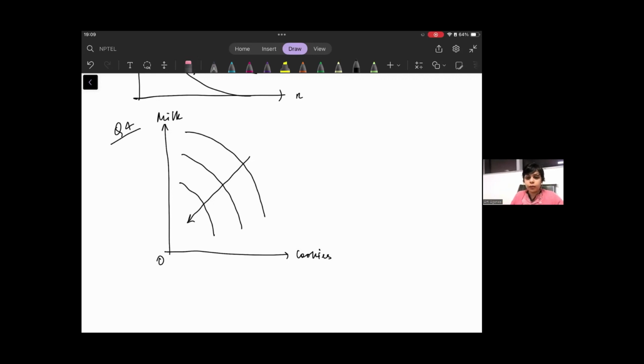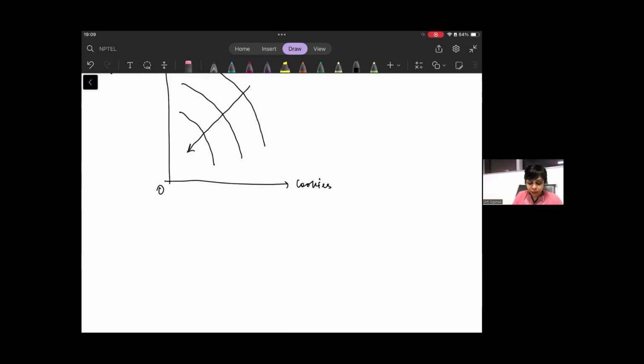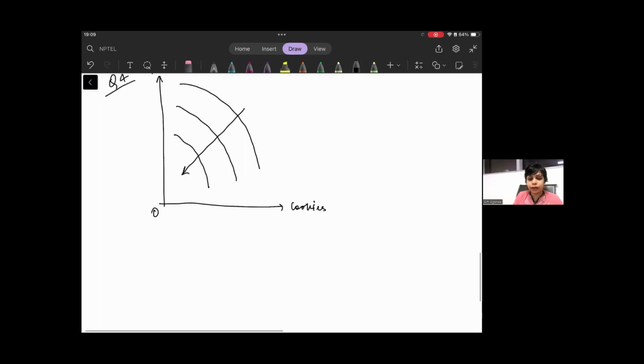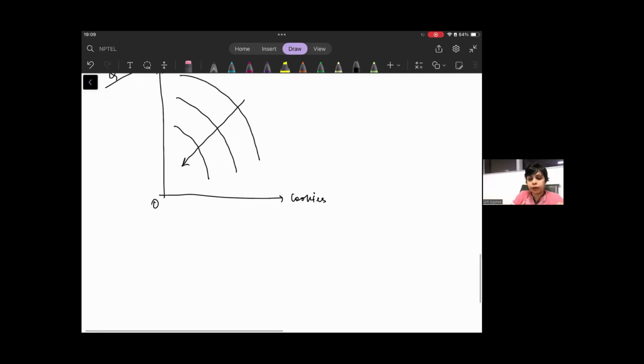I didn't like milk when I was a kid. But jokes apart, all I'm trying to say is that this is for this particular individual. We're not saying that this is a generic scenario. For this individual, preferences increase as you decrease the amount of each good.